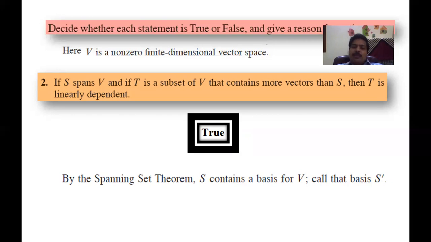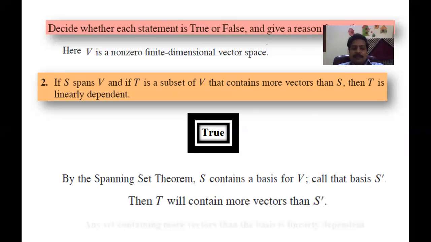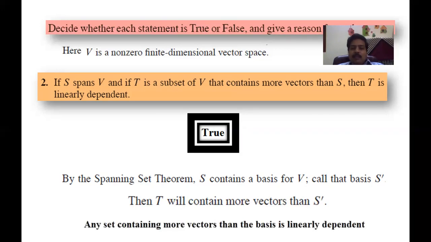Then S dash must have fewer elements than S or an equal number of elements to S. But since T has more elements than this S dash, it must be linearly dependent by our previous theorem. Any set containing more vectors than the basis is linearly dependent. So T must be linearly dependent. So the statement is true.